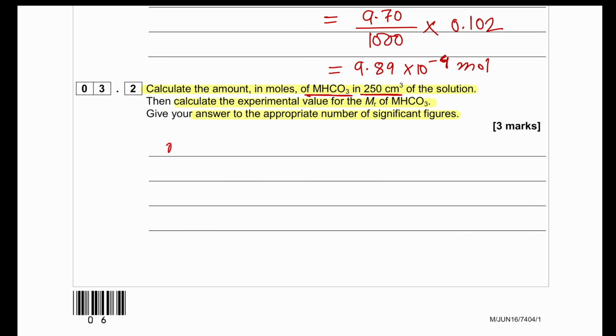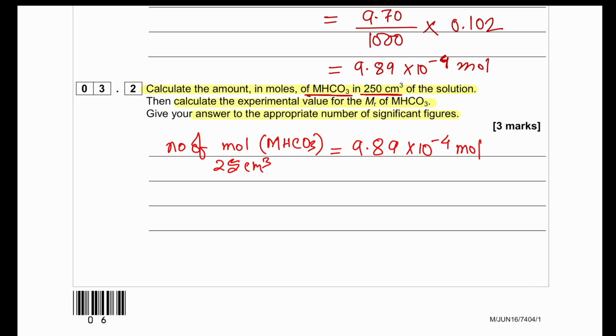So we will write here number of moles of MHCO3, but in this case, this is the number of moles in 25 cm3, which is equivalent to that of the number of moles of HCl due to the same molar ratio. So 9.89 times 10 to the power of minus 4 moles.